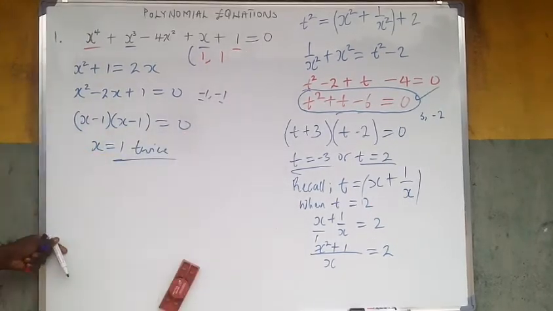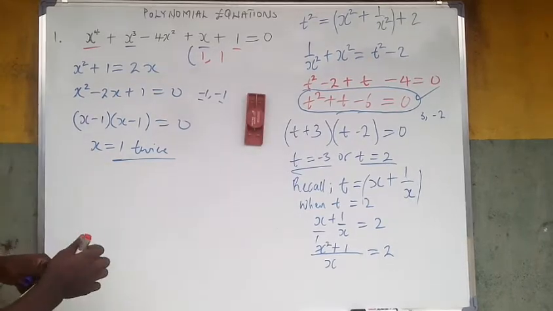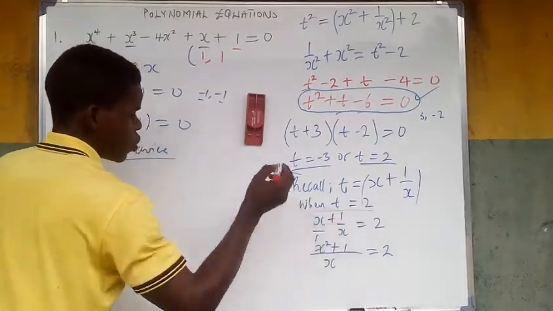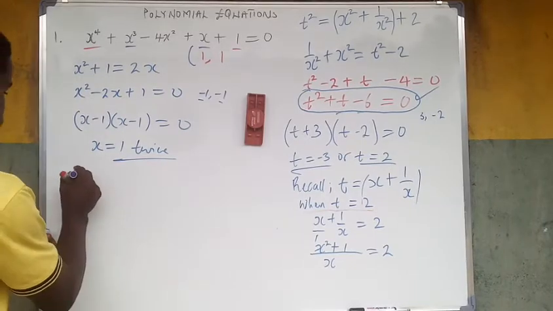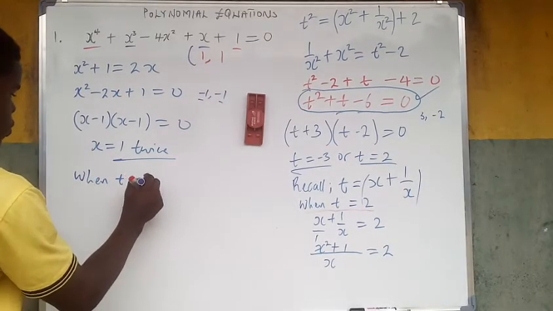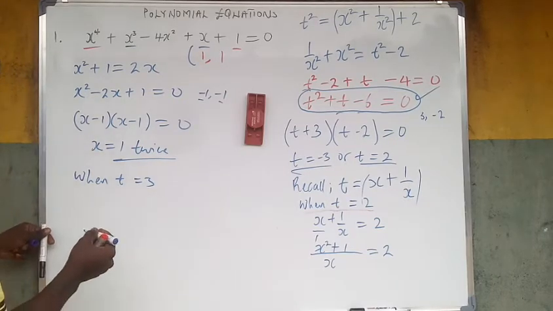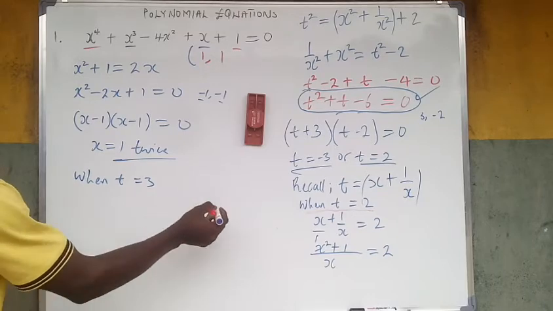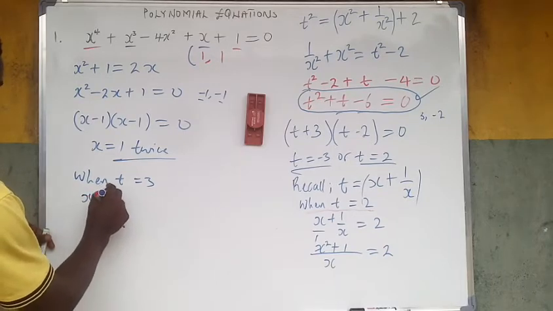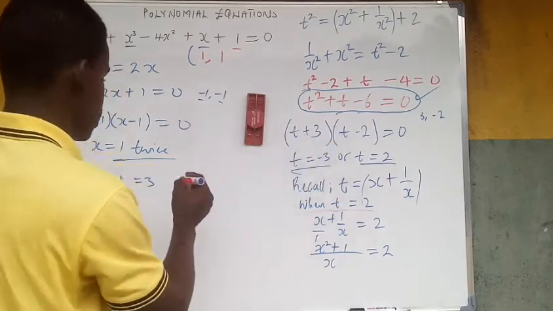Okay. Now, when we were solving this, we were solving when t was 2. Now, when t is 3, okay, what do we have? We would have that x plus 1 over x is equal to, was it 3? Negative 3, sorry.